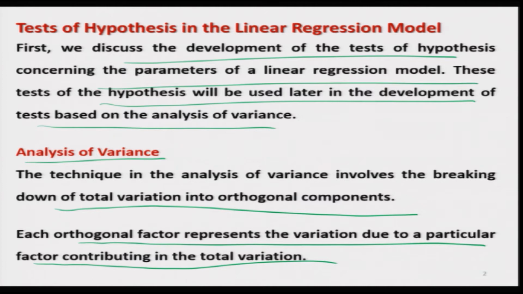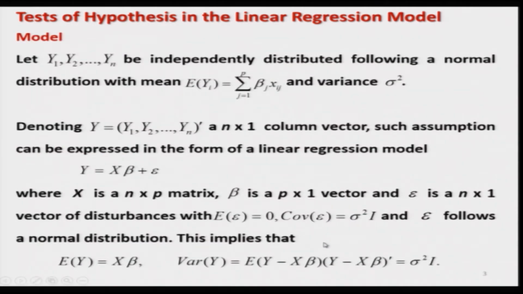That will be something like Q1 plus Q2 plus Q3, and these Q1, Q2, Q3 are going to be orthogonal components, and each of them is going to represent a particular type of variation due to a particular type of factor that is affecting the outcome. And then we will try to see which factors are important or not.